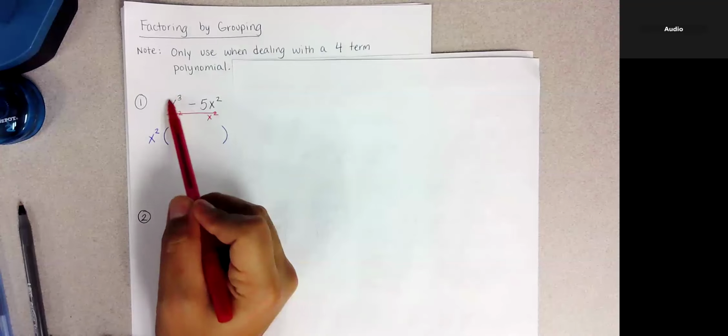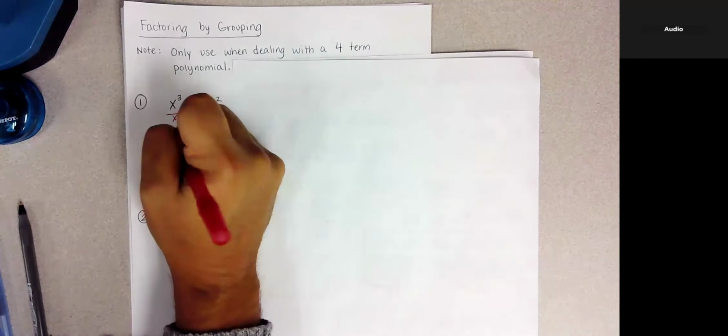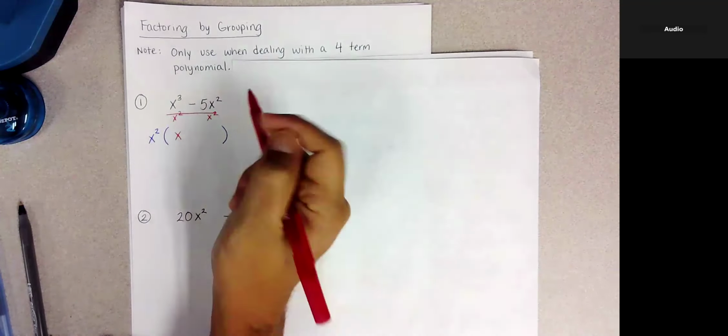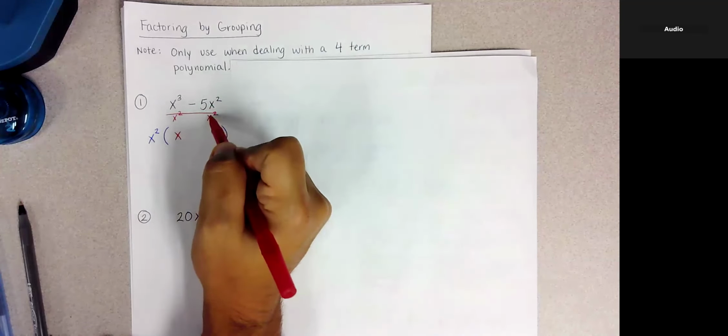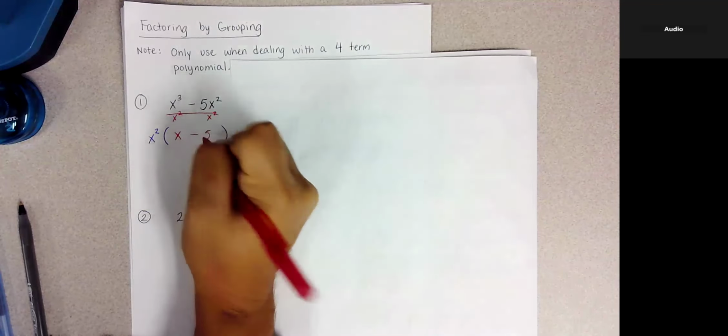So if I take x squared and divide it out of x to the 3rd power, I should have x left over. And then if I have negative 5x squared divided by x squared, well, the x squares, they're the same. So those guys will cancel out, and all I'm left with is negative 5.